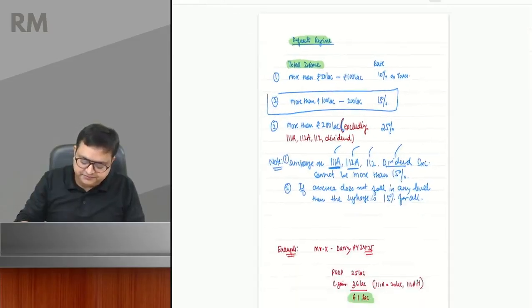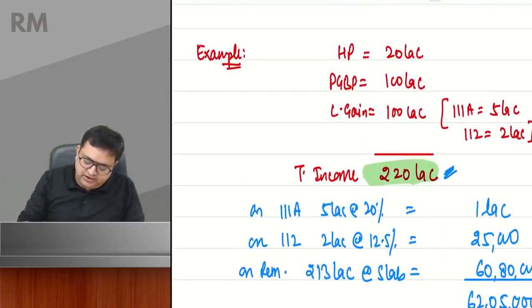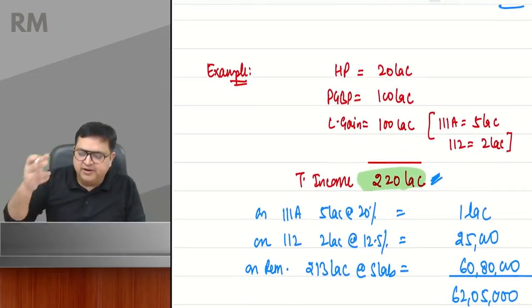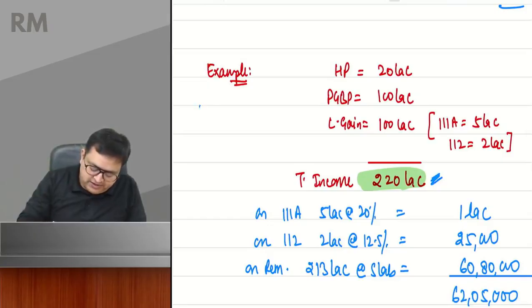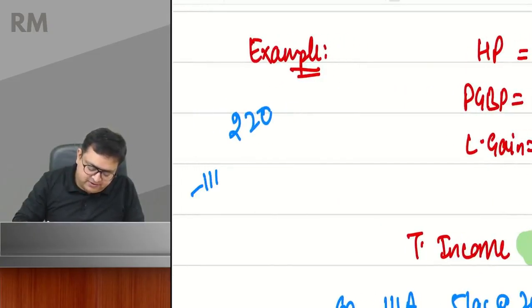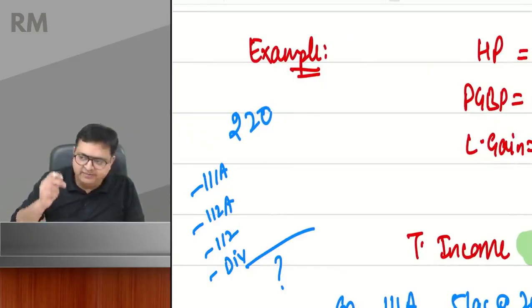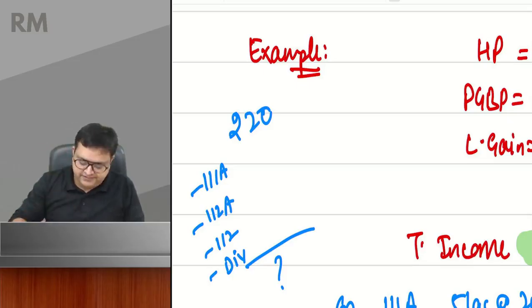Now check that my total income is 220, but I have to exclude 111A, 112A, 112 and dividend. Just exclude that and tell me how much it is. If it is more than 2 crores, then yes, we are in third level.